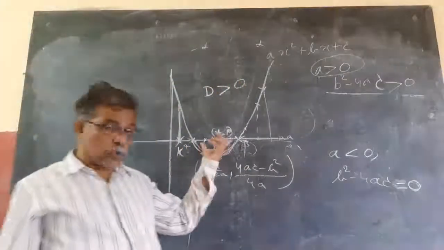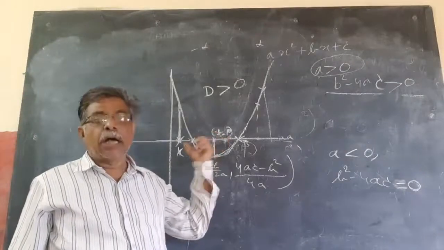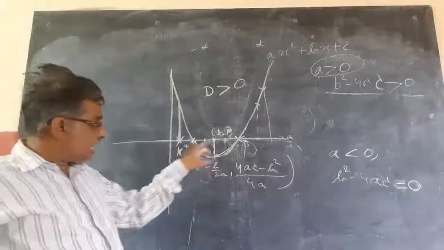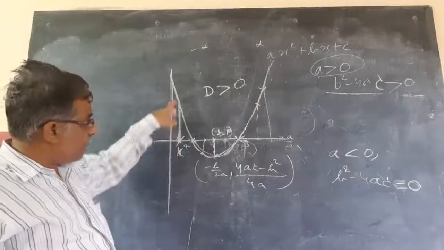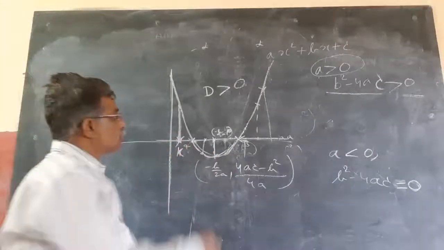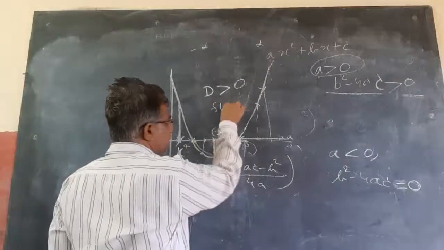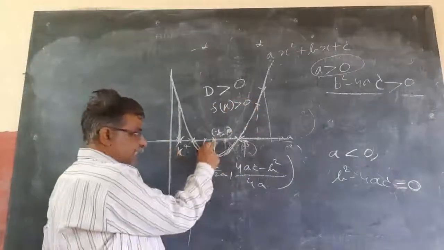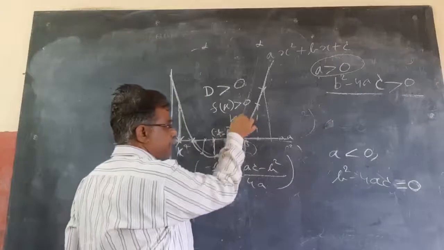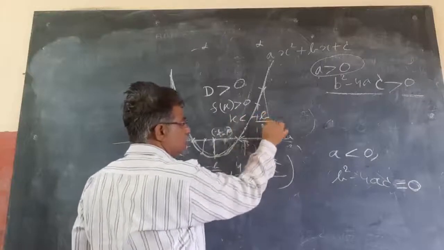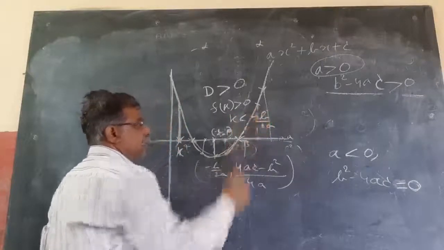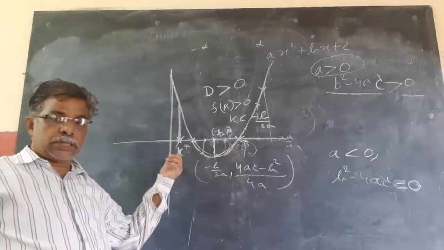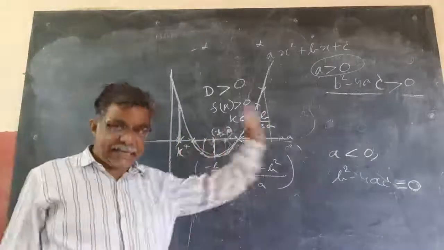Then only it contains two distinct real roots. And both are greater than k, means f of k is above the x-axis. So f of k is greater than 0, and this k is less than minus b by 2a. Means k is less than both the roots.